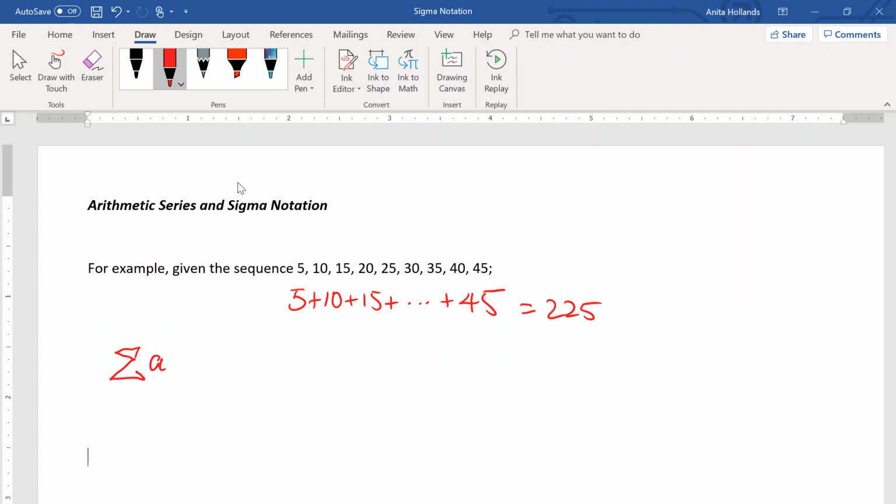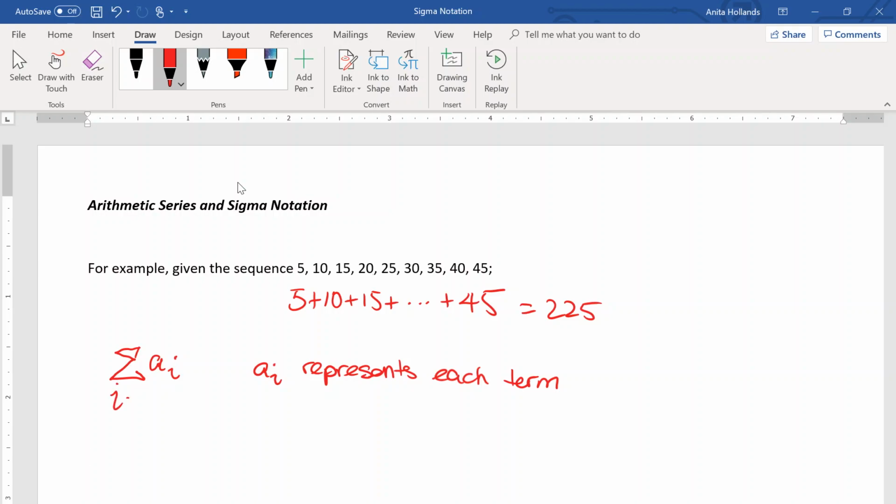And here we have A sub i, where A sub i represents each term in the sequence. Now we have to state the range for i.